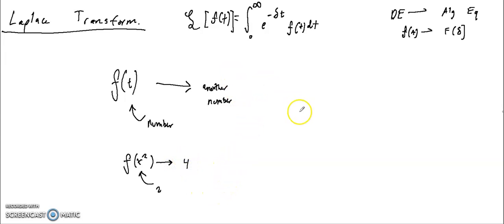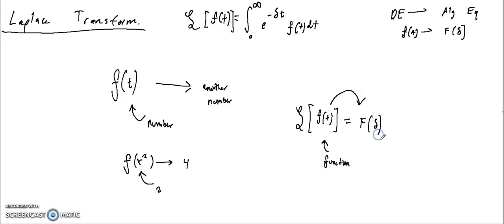Well, with the Laplace transform, it's the same idea, but instead of feeding in a number, we're feeding in a function. In this case, like f of t. And as a result, we get a different function, which is going to be defined in a different variable s.